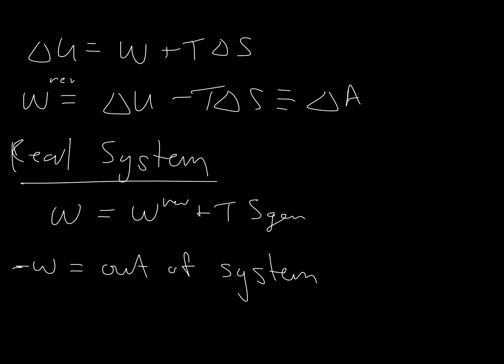So if we have entropy in the system being generated, that means you have less negative work, which means that you're not getting as much useful work out of it. It's a little upside down logic, but the math checks out, right? So T has to be greater than 0, entropy generated has to be greater than 0, which means that it brings the actual work output closer to 0, because we're looking for negative work.